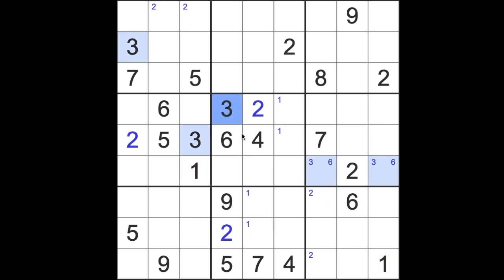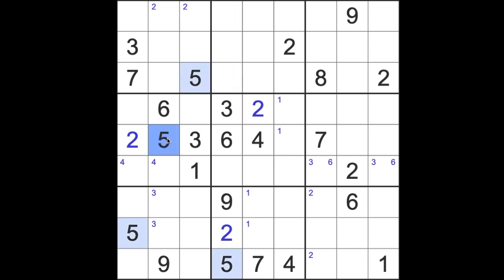Right, what else is going on? 3s. Okay, we need 3s in there. Okay, 4s. Well, 4 has got to be along here somewhere, right? Because it blocks along there. So 4 is in one of those 2 squares there. Up here we've also got 4 squares available for 4.